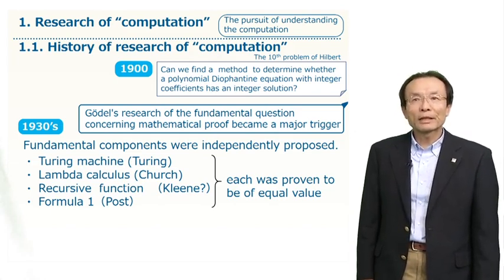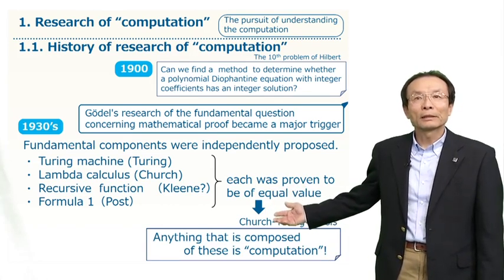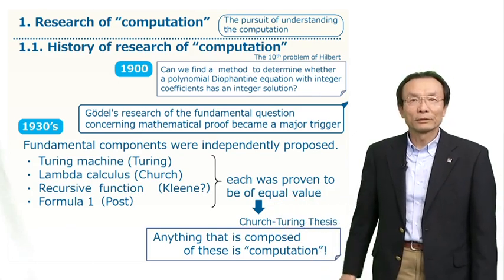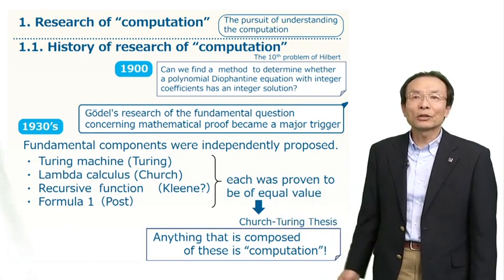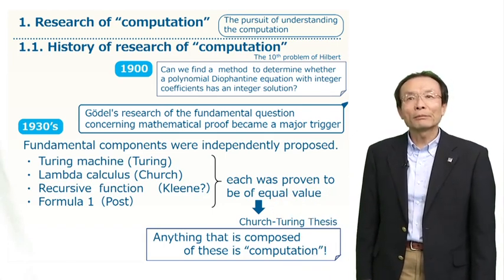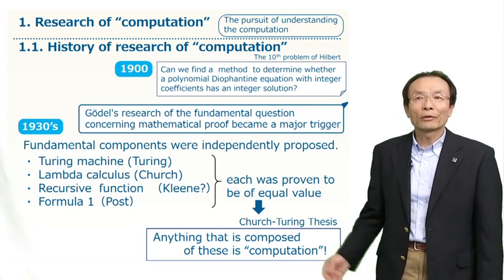Based on this investigation, these mathematicians decided to consider anything that is composed of these fundamental elements as computation. This is now called the Church-Turing thesis. It is said to have been named by Kleene. This is not a mathematical proof or theorem.